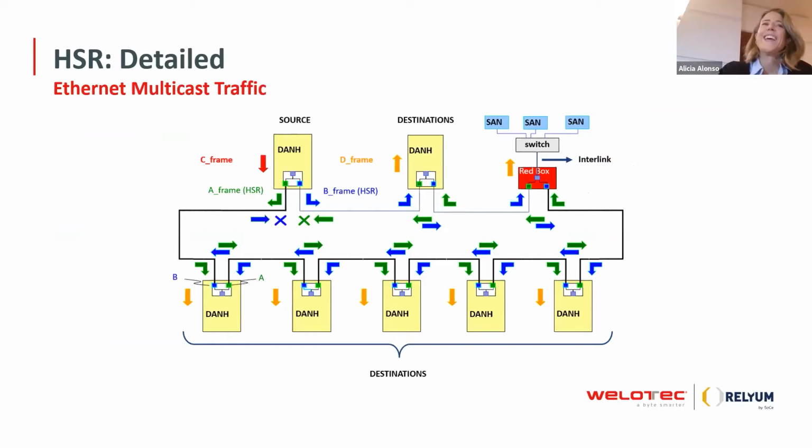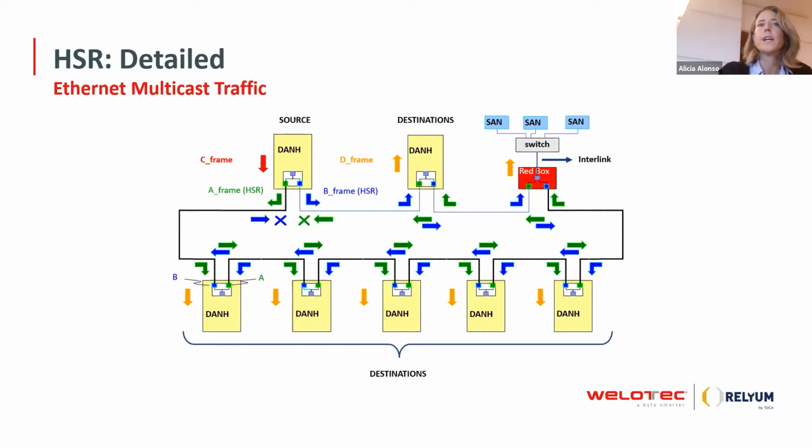Thank you. This slide shows how multicast traffic is sent through an HSR ring. This is a very interesting use case because with multicast traffic, all the nodes in the network are the destination nodes. So here in this drawing, you can see how the duplicate frame is not discarded until it reaches the last node, which is in that case the source node.